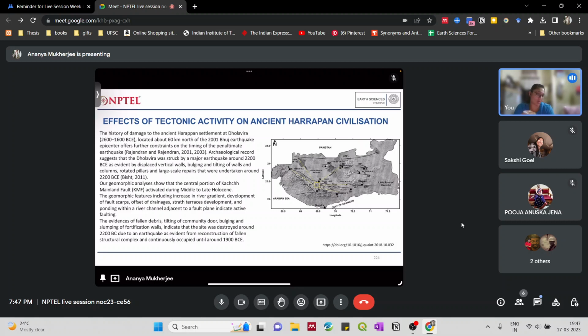We have talked about all of these in the previous content. You can refer to this slide and see how these geomorphic features form when there is a disruption in the present state of the geomorphic processes.